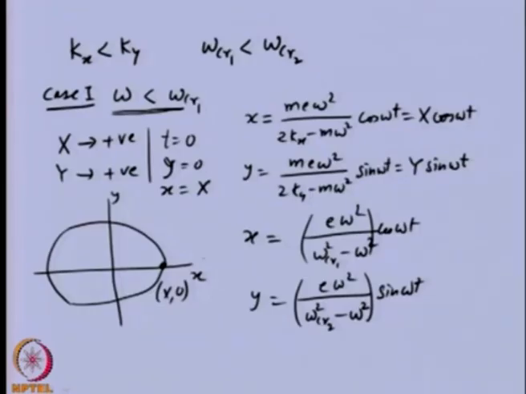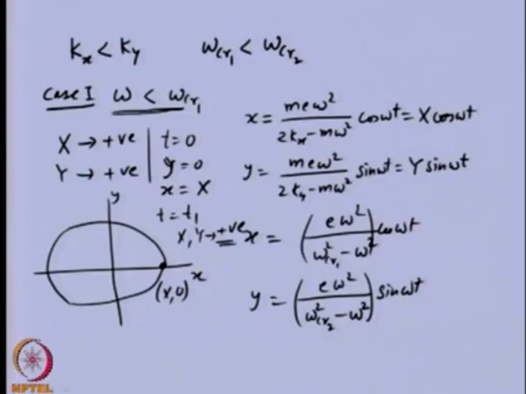Now, after some time, if t is some finite value t1, what will happen? Both quantities, this x and y, will be positive, because for a small variation in time, this will be some finite positive value, and this will also be a finite positive value. Capital X and capital Y, we have already seen, are positive. So, for t equal to t1, both x and y are positive.